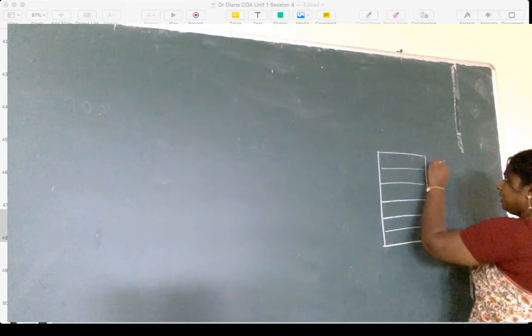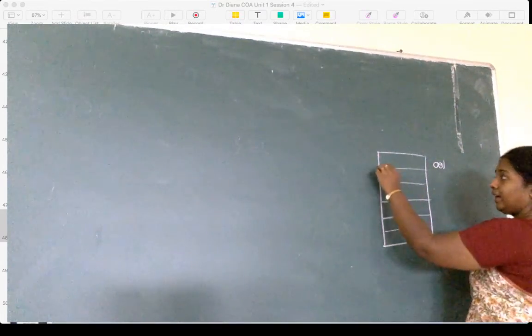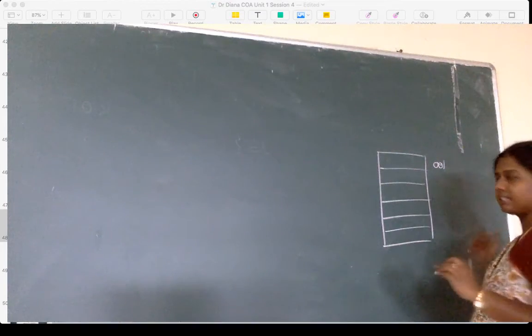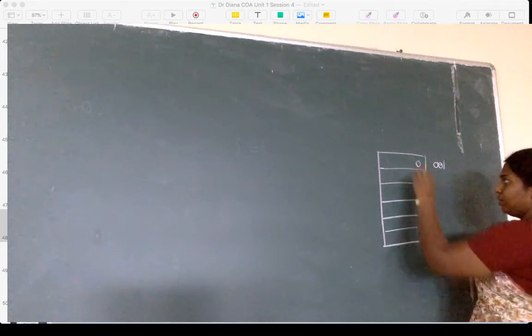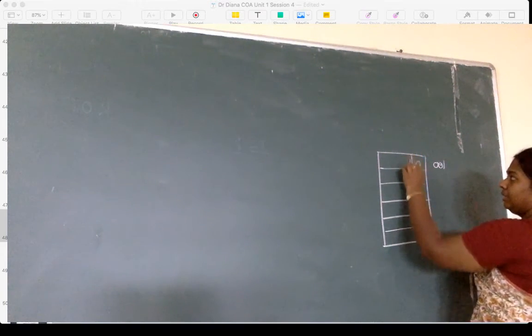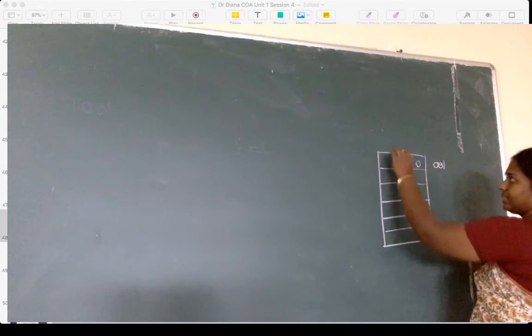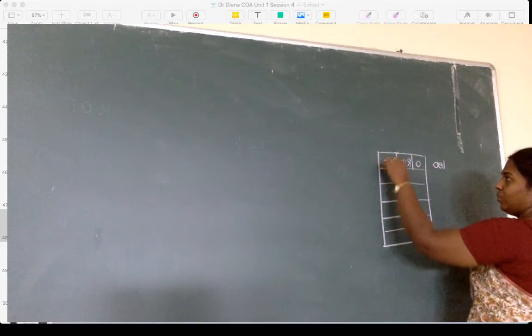Imagine this is my memory location 100. At 100, I have an instruction with direct memory access. Direct memory access means bit I is 0. I have some read operation, followed by an address. Say assume that address is 125.